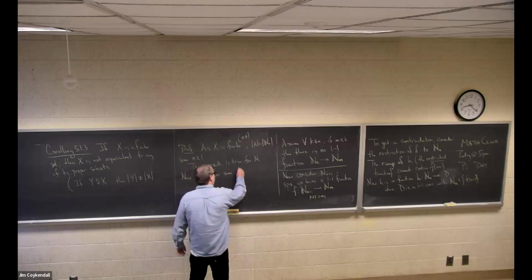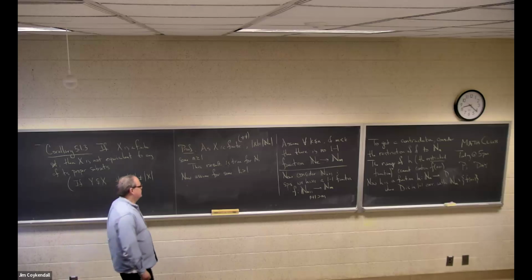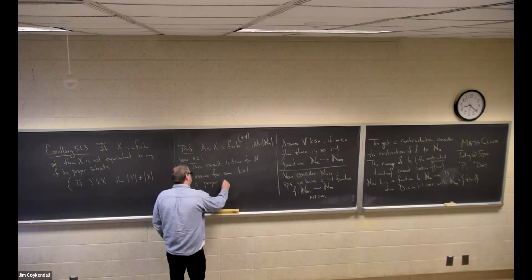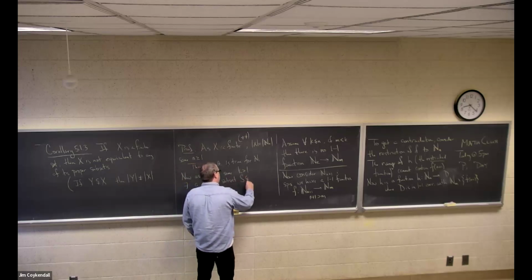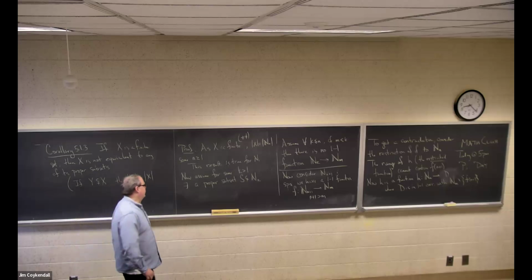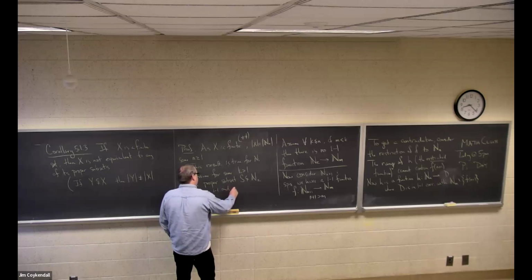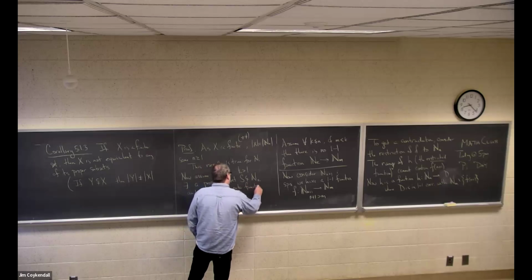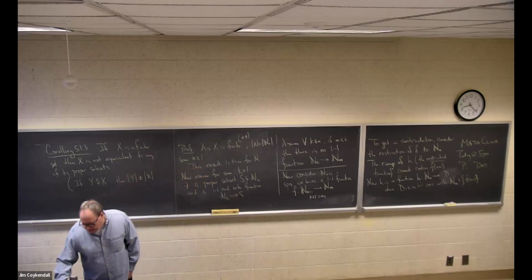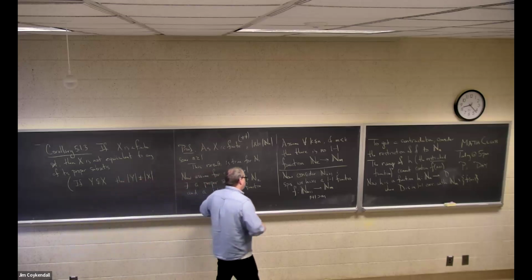Now assume for some K bigger than 1, N sub K has a proper subset S, and also a one-to-one and onto function from N sub K onto S. So let's break this down in cases.